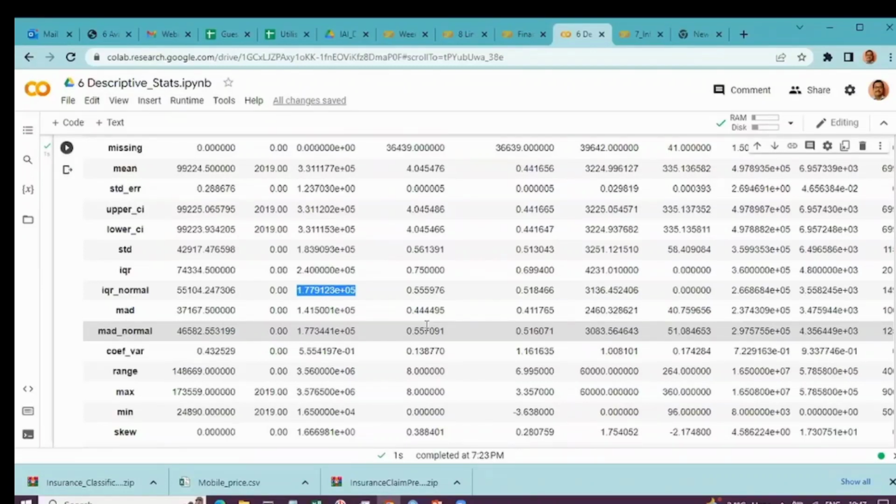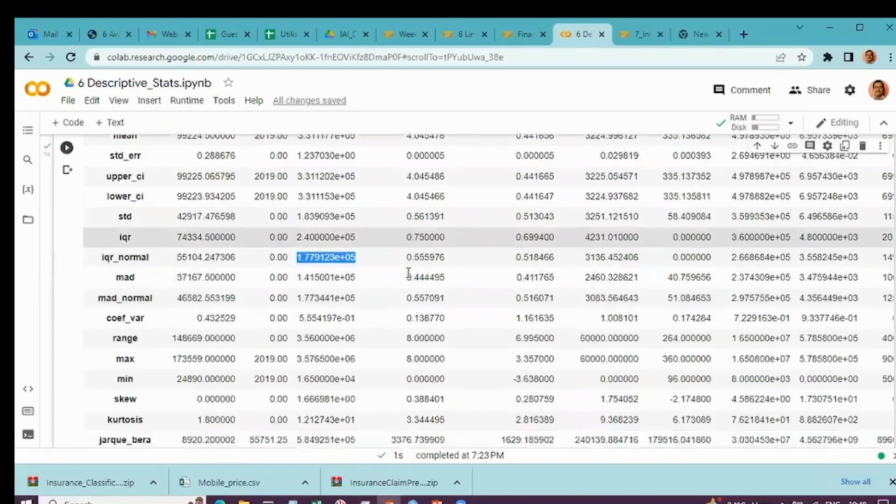So it looks like the interquartile range under a normal distribution assumption is only 1.77 into 10 to the power of 5. So the actual IQR is almost 50%, or at least 30-40%, more than the IQR if it would have been a normal distribution. So that is also one pointer telling you that this particular data would not have been a normal distribution.